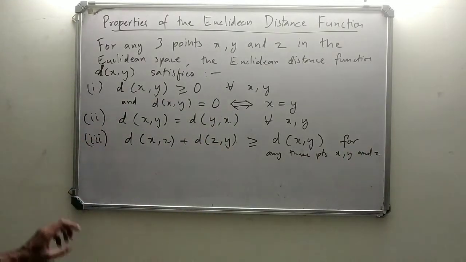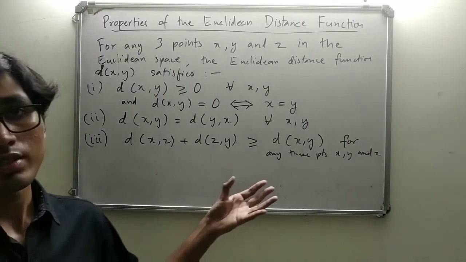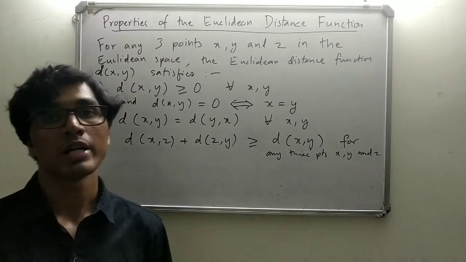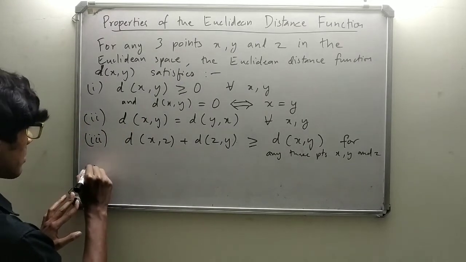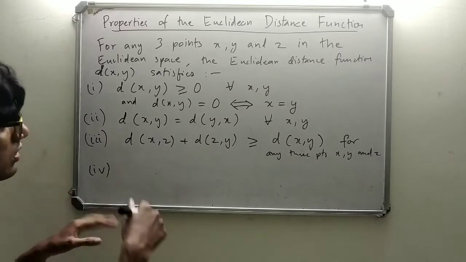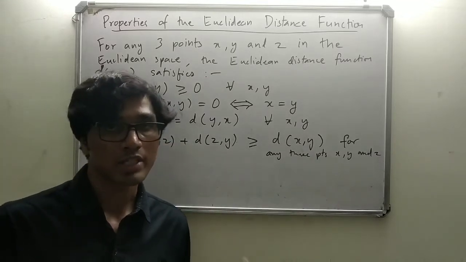Now there's a fourth property which distinguishes the Euclidean distance function from any other metric. That's what makes the Euclidean space unique among other metric spaces.